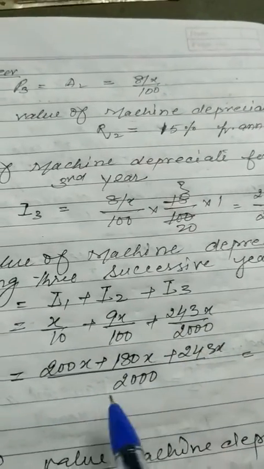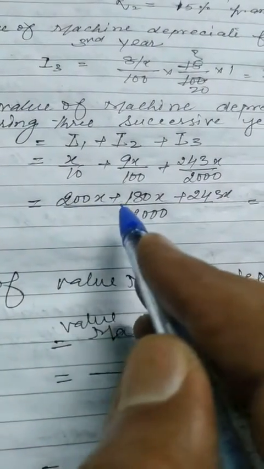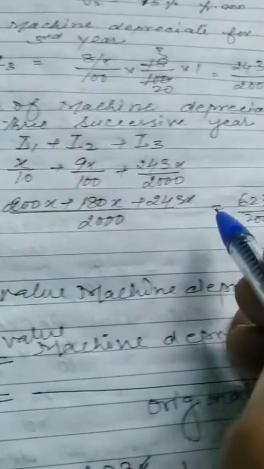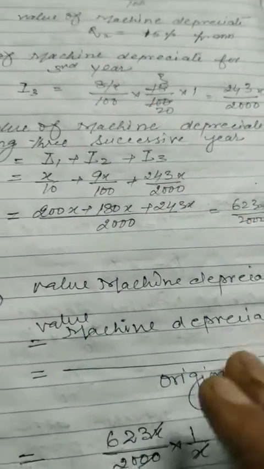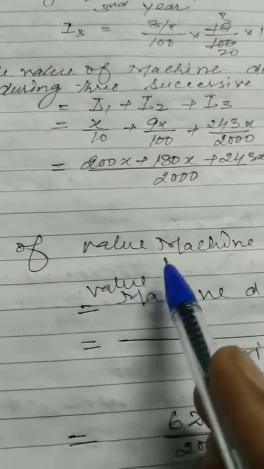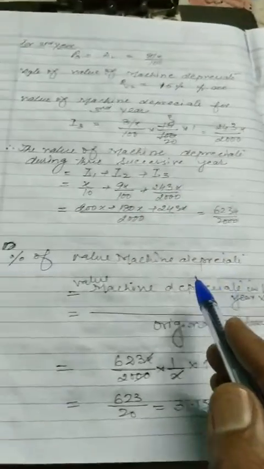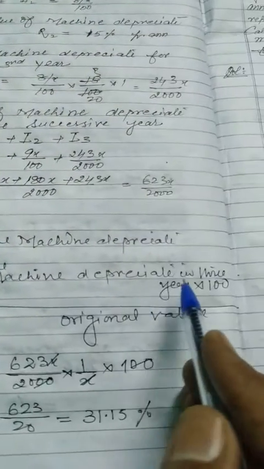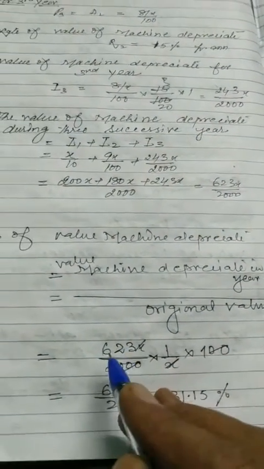This will be taken, the LCM is 2000. And this way 200x plus 180x plus 243x, that is 623x over 2000. Next, the percentage of value of machine depreciated. So percentage of value, that is the value of machine depreciated in 3 years multiplied by 100 over original value.